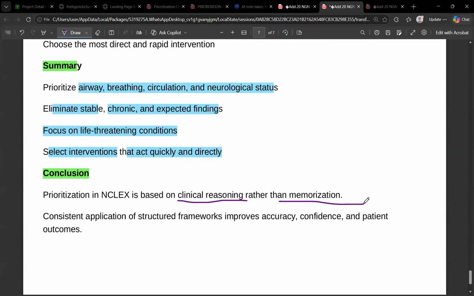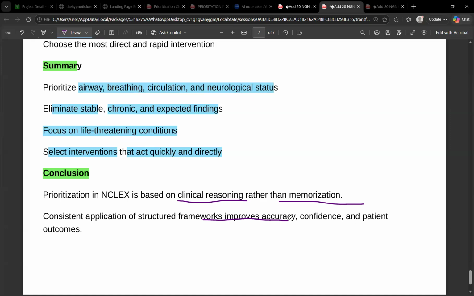If you use this structured framework, the ABC strategy, Maslow's hierarchy, the ACP method, and the ISBAR method, these are the main tools that help with easy analysis of an NCLEX case study question. If you do this consistently, we can improve our accuracy, our confidence, and also patient evaluation, and we can do it in a correct way.